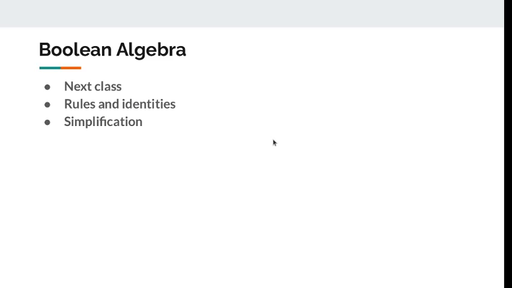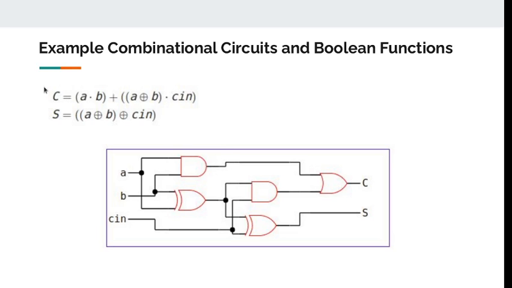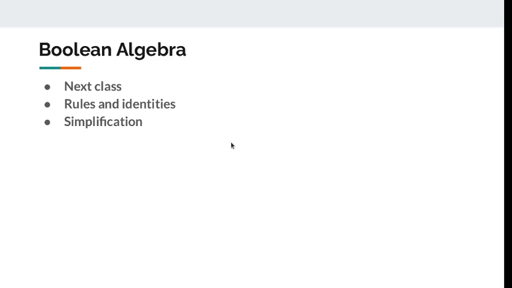So next class we're going to see Boolean algebra. How can we see those equations and know which rules and which identities we can use to simplify them? Because digital circuits are expensive. Sometimes you have to buy gates, you have to mount them on PCBs, and that's expensive.